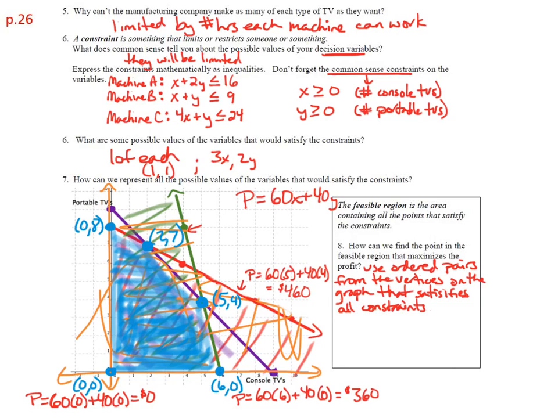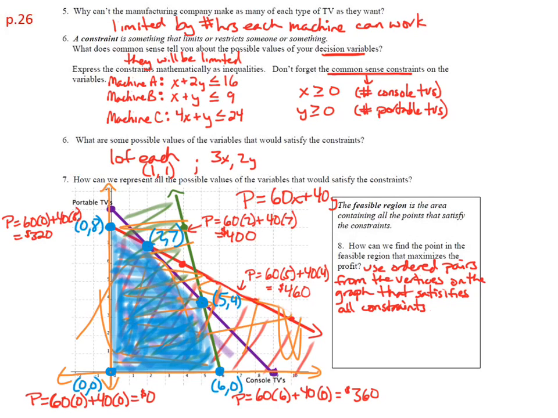At 2, 7, our profit would be 60 times 2 plus 40 times 7, giving us a total profit of $400. And then last but not least, at 0, 8, our profit would be 60 times 0 plus 40 times 8, giving a profit of $320.